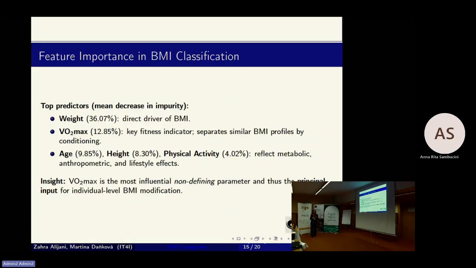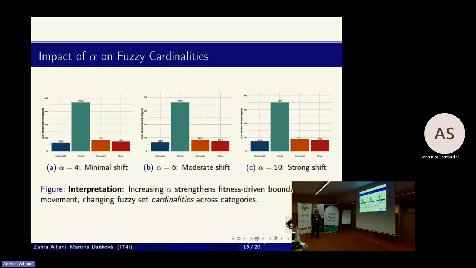Then there are age, height, and physical activity, which can reflect the metabolic and lifestyle effect. And as we discovered, VO2 max is the most influential non-defining parameter, and it is the principal input for individual-level BMI modification.